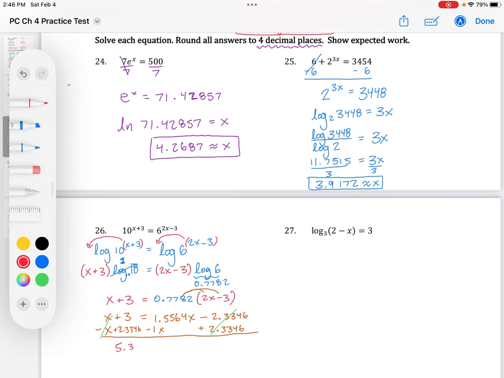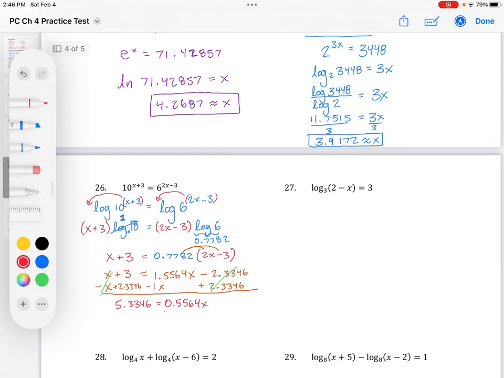And what I'm left with is 5.3346 equals 0.5564x. All right, so my last step is just to divide by 0.5564. And if you do that, you'll end up with about 9.5877 for your x.